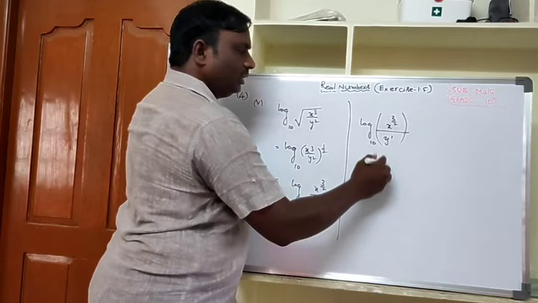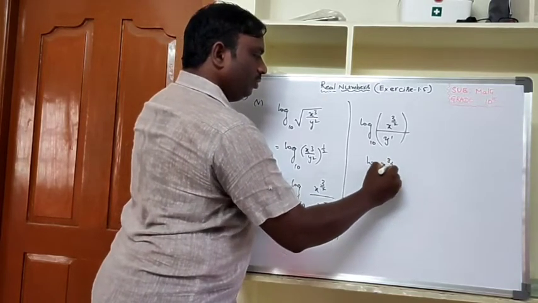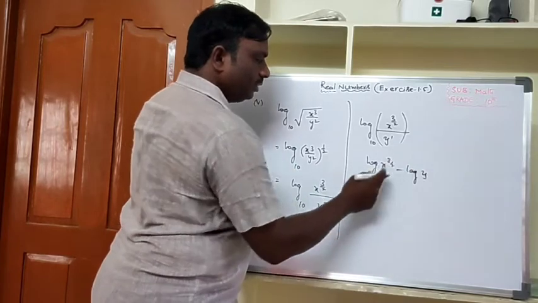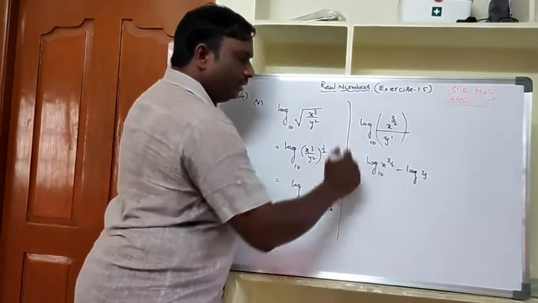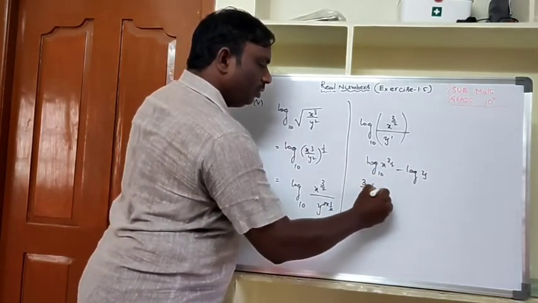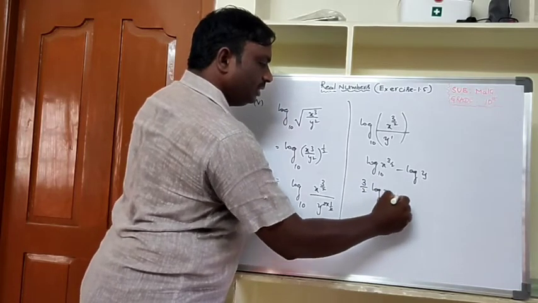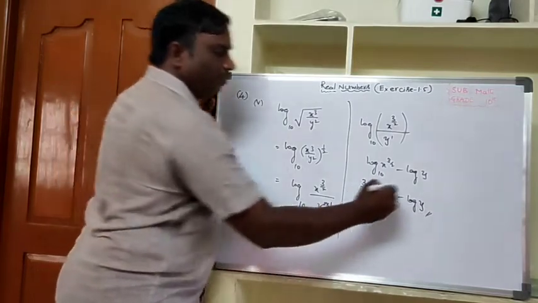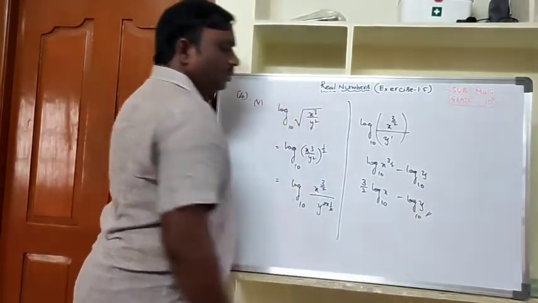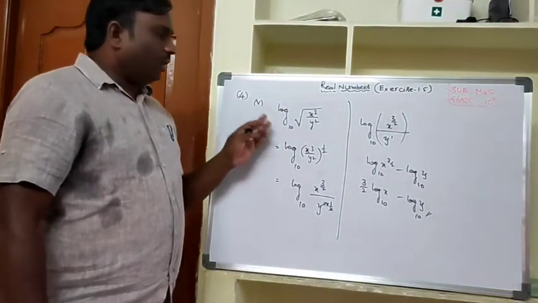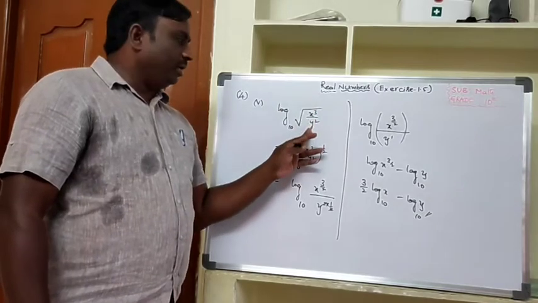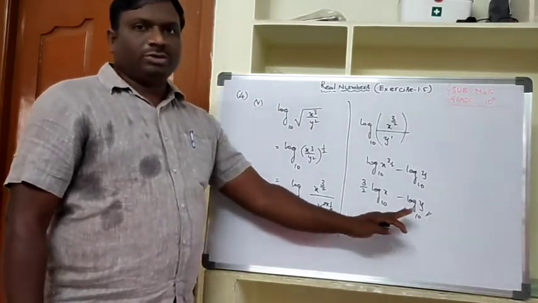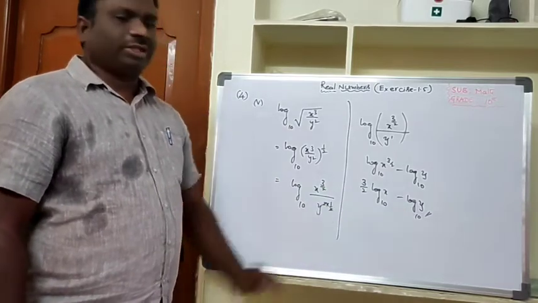This is the quotient rule. Log x power 3 by 2 base 10 minus log y. This is the power rule again. 3 by 2 into log x base 10 minus log y. This is the expansion, and we have to write base 10 here. So this is the expansion of log base 10 of the square root of x cube by y square. There is no further simplification needed.